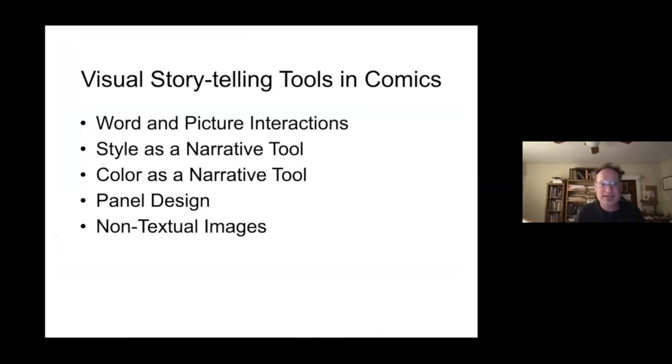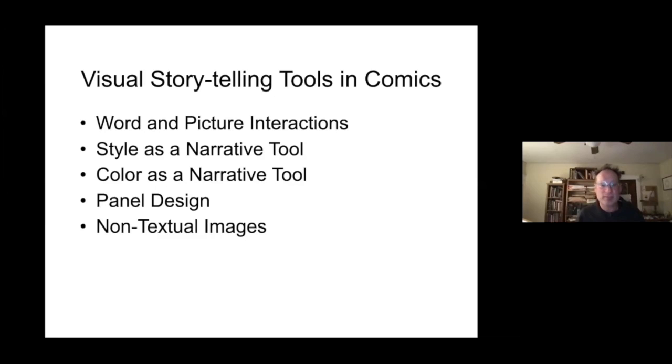These are just the things that I think, if you take these ideas and apply them to almost any graphic novel, you're going to get something out of it that you're going to be able to teach your kids or that they're going to be able to find in there. What I will say is that probably the most rare are style as a narrative tool and color as a narrative tool, but some of the real classic books do that.